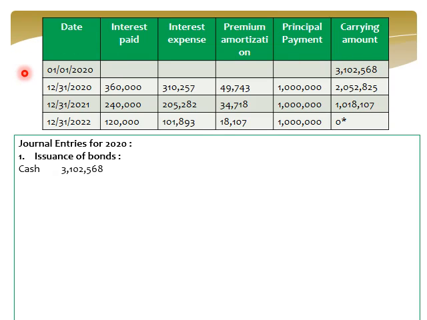So, debit cash, 3,102,568. Credit, bonds payable of 3 million. Note that bonds payable is always credited at face value. But in its presentation in the financial statements, it is always net of discount or premium on bonds payable is added to it.